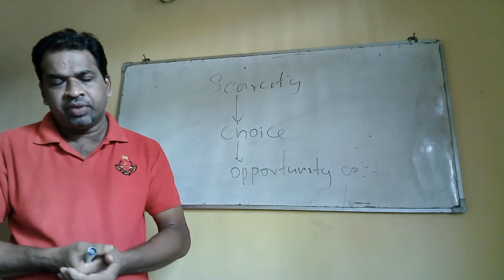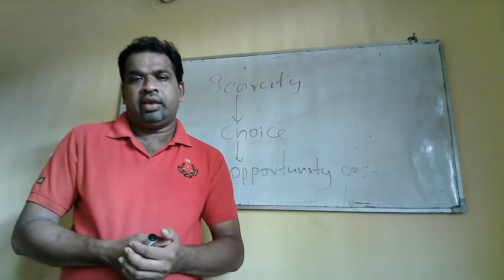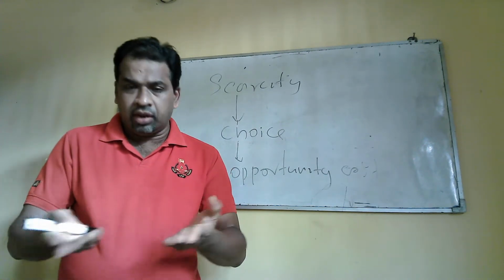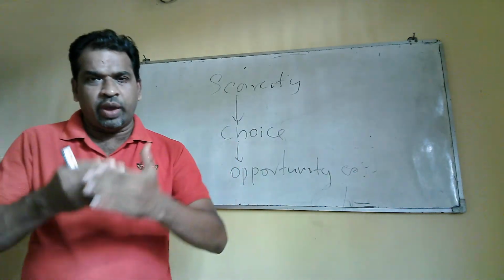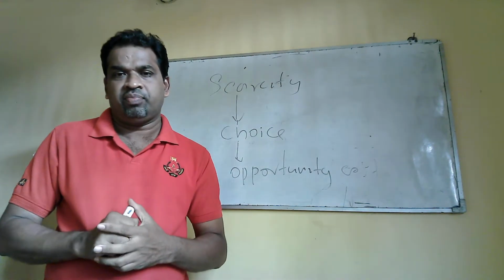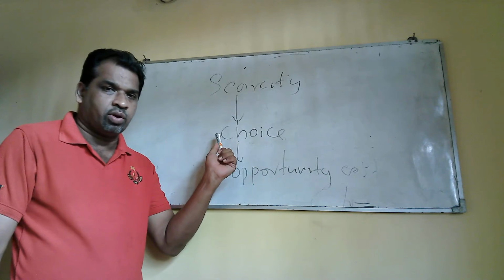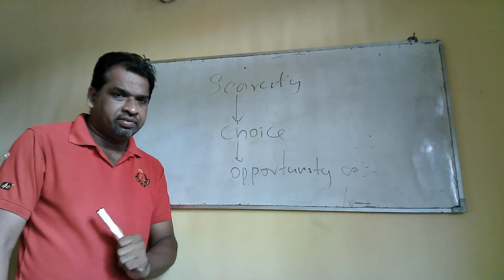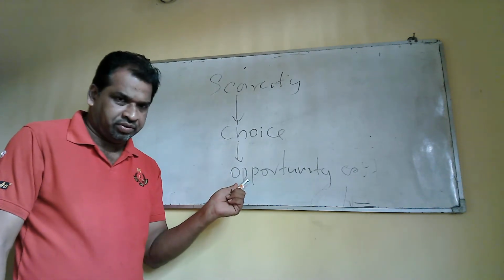For example, if you have 100,000 rupees, you can deposit it in a bank, or you can start a new business, or you can buy a laptop. Likewise, we have optional uses of our limited resources. Then we will have to select the best option, that is called choice. When you select the best option, you will have to reject other options. Then among the other options, the best one will be opportunity cost.